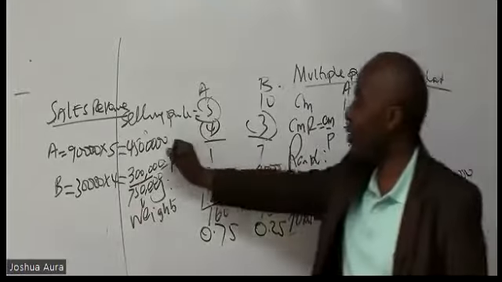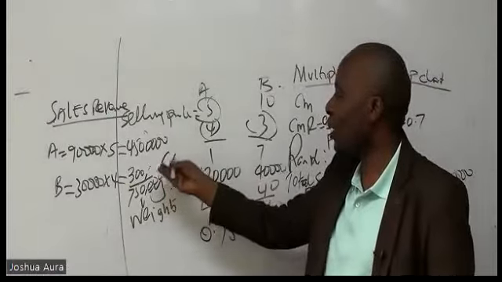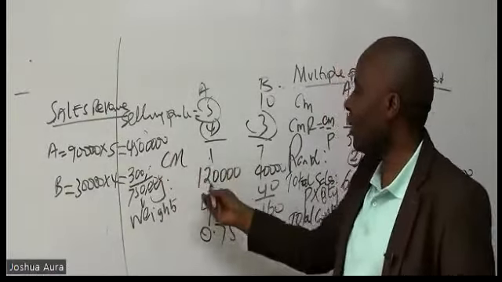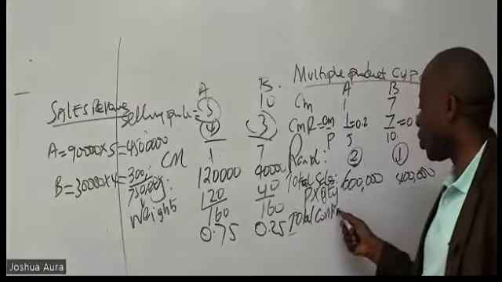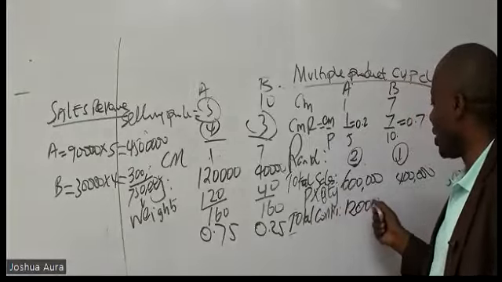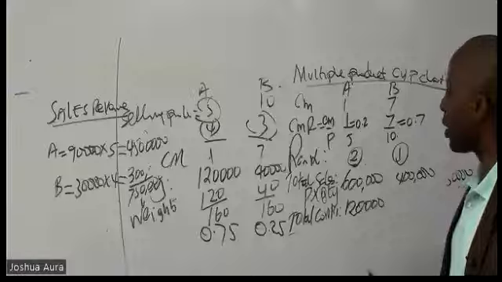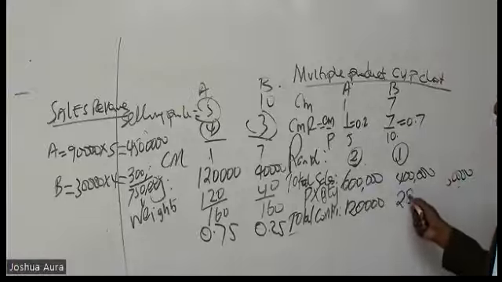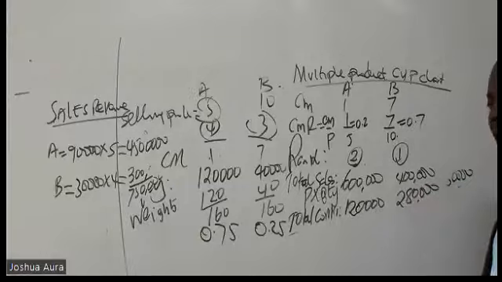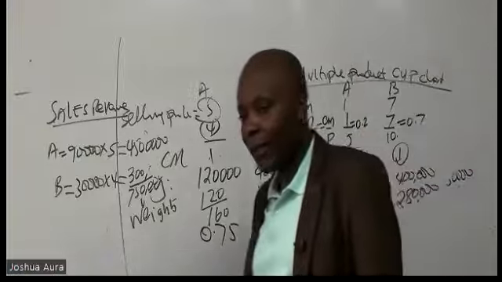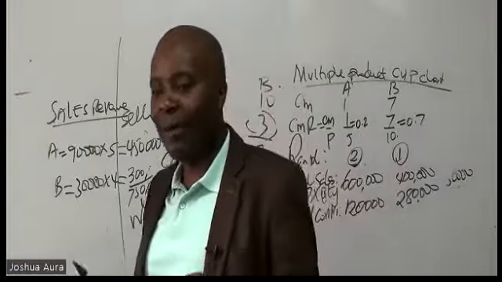I know where my contribution margin is. This is what we had obtained. So it will be this times this. The first one, I'm able to see total contribution of 120,000. The second will be 200, what here, somebody? 280,000, like that. Thank you so much.